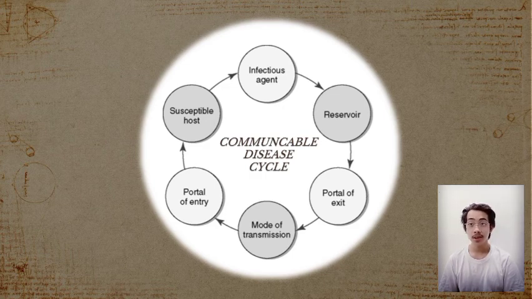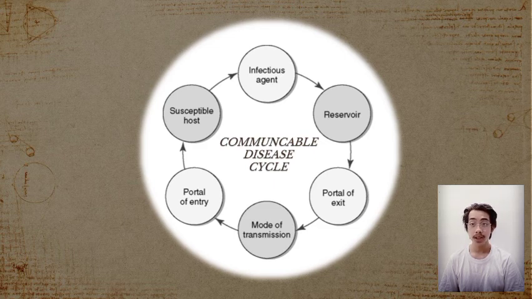In contrast, many pathogens that cause gastroenteritis follow the so-called fecal-oral route because they exit the source host in feces, are carried on inadequately washed hands to a vehicle such as food, water, or utensils, and enter a new host through the mouth.